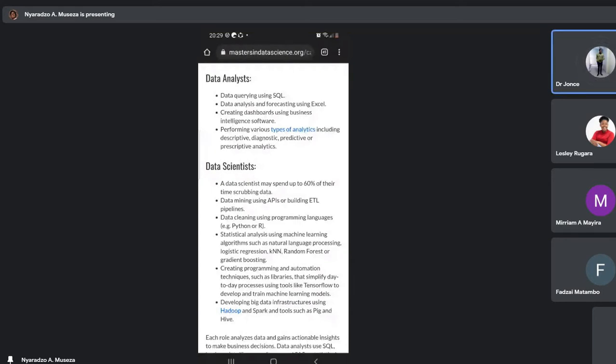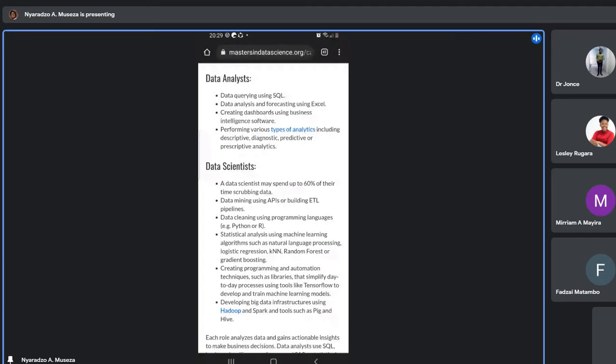Yes, sure. All right, so they've outlined the roles, data analyst and data scientist. For the analyst, they say data querying using SQL, data analysis and forecasting. Of course, it might not be SQL only, it could be other forms of querying.